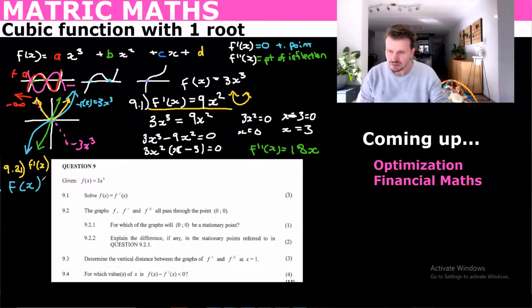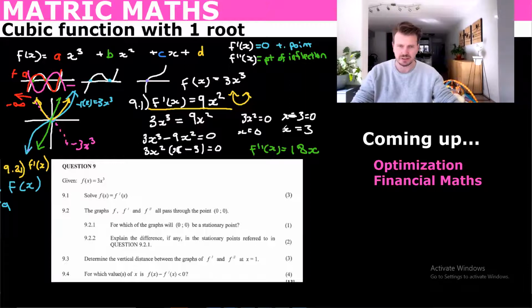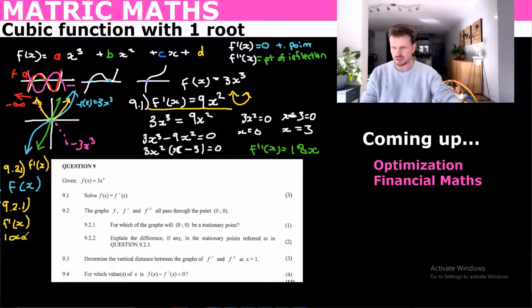And now, explain the difference between the stationary points referred to in question 9.2.1. Well, the parabola has a stationary point, so 9.2.1, the parabola, let's do that in yellow because we now refer to the f dash of x. The f dash of x stationary point is a local, in this case, minimum.